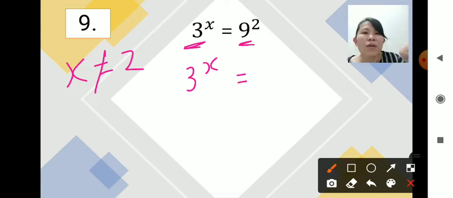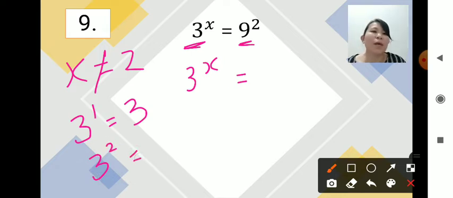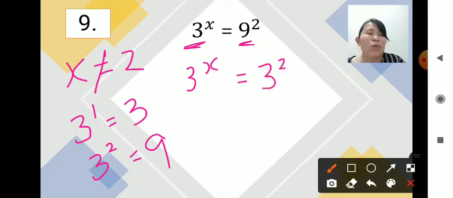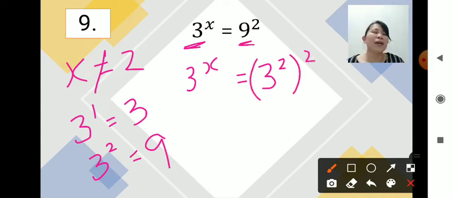So how? You must remember 3 to the power of 1 is 3. Then 3 squared, or 3 to the power of 2, is equal to 9. So you can change 9 to 3 to the power of 2, 3 squared. From here you can see x must be equal to 4. So it is quite simple. All right.